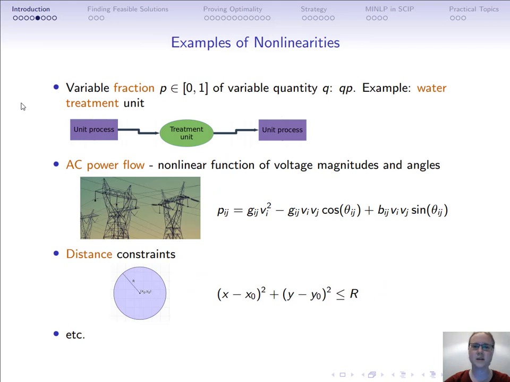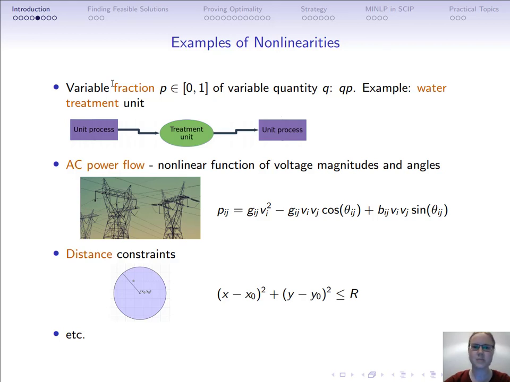One might ask, where does the need to include nonlinear functions into the formulations of optimization problems come from. So let me show you some connection to the real world. One very common example of a nonlinearity comes from the need to find a variable fraction of a variable quantity. This implies multiplication of two variable terms, and this is nonlinear.